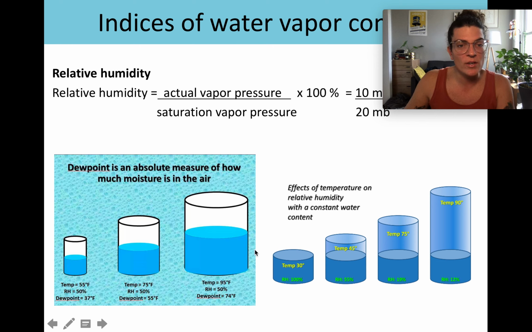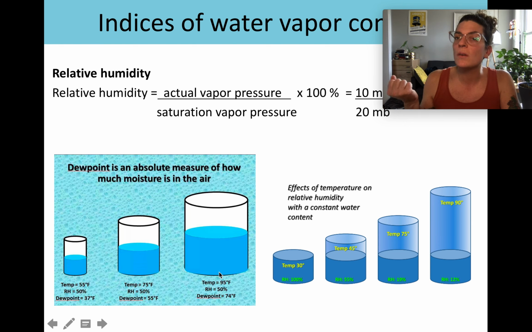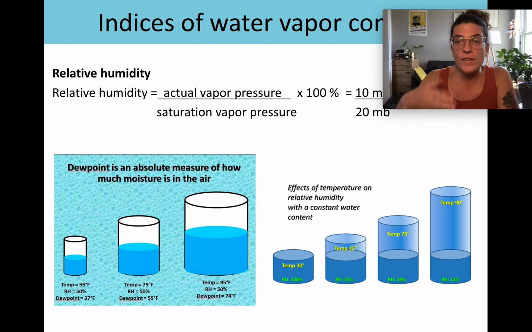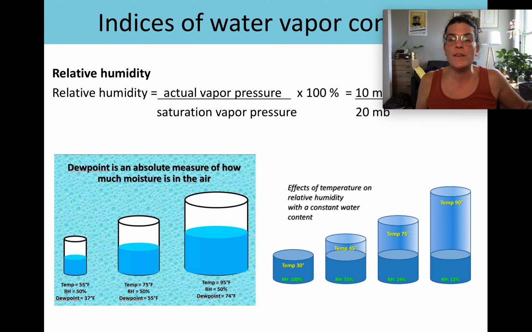And that is going to be significantly less than the water vapor that's contained in a parcel of air that's 95 degrees with 50% relative humidity. So all of these have 50% relative humidity, but because the warmer air can hold more water vapor, 50% of however much it can hold is significantly more than 50% of however much a 55-degree parcel of air can hold.